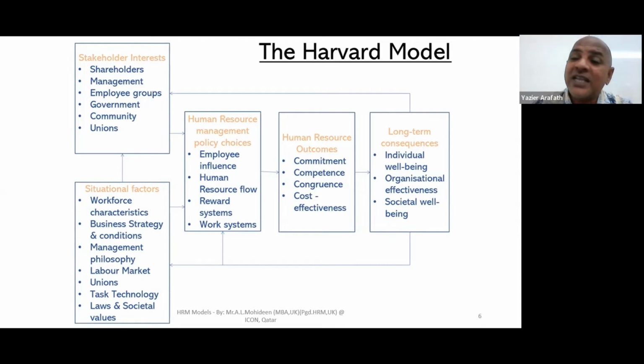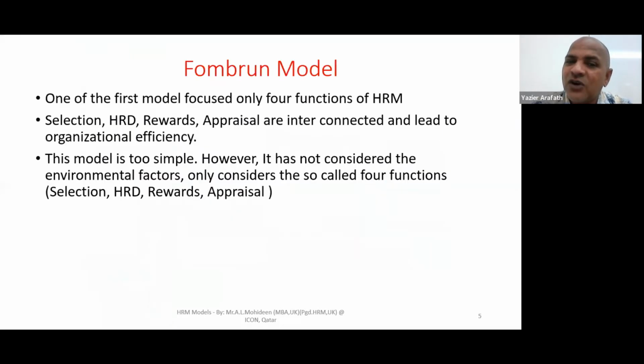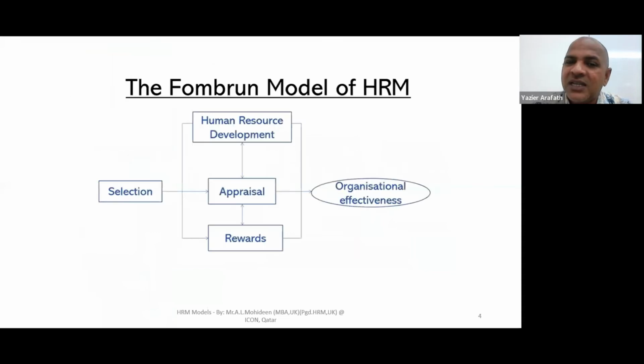In the early model, HR is not focusing on these areas. HR is focusing only on what? In the earlier model, it is focusing on hiring and developing, and it says if you work in this way, we can bring organizational effectiveness. The second model is coming.